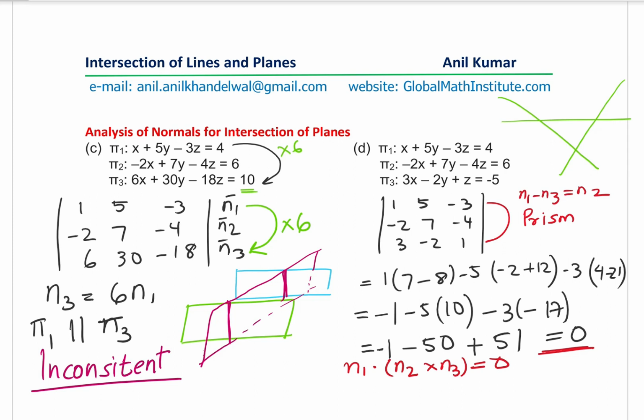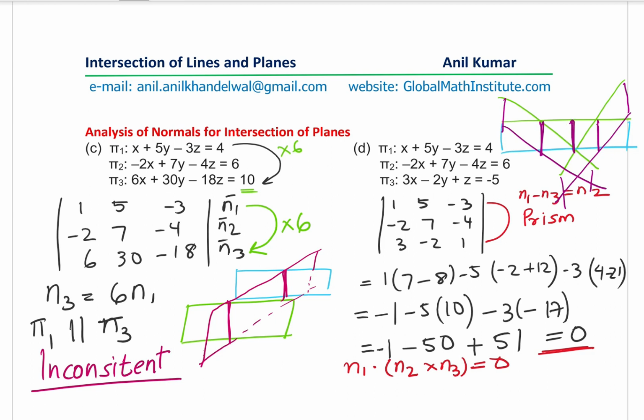So what I'm trying to say here is this is one of our planes, then the other plane, which is kind of like this, and the third line I will draw with the third plane. So one intersection of a plane, second intersection of the plane, and the third intersection of the plane.